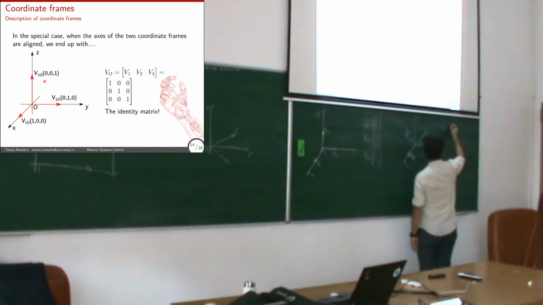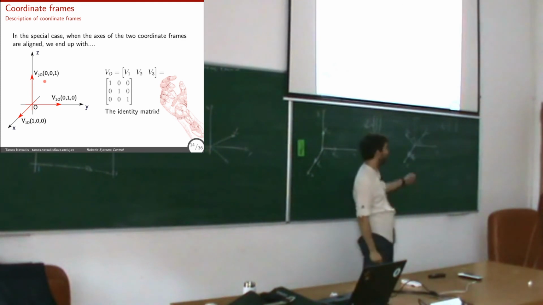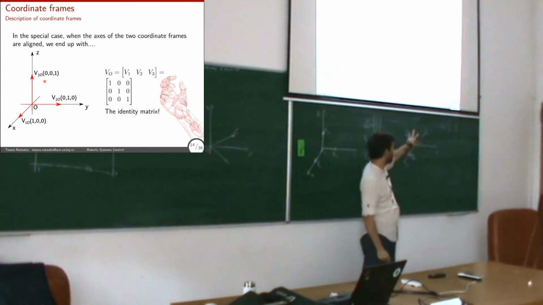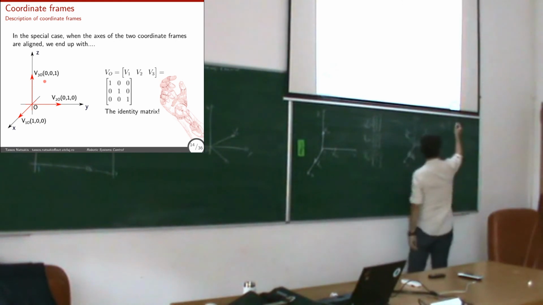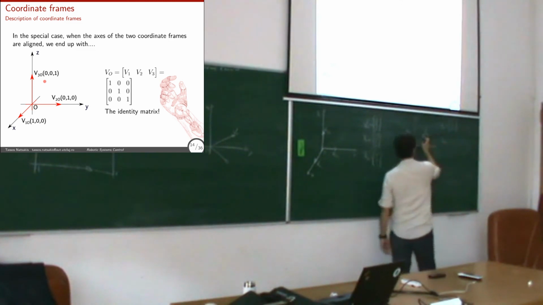So what are the coordinates of V1, 0 on the white one? 1, 0, 0, it didn't change. Now, what are the coordinates of this one?